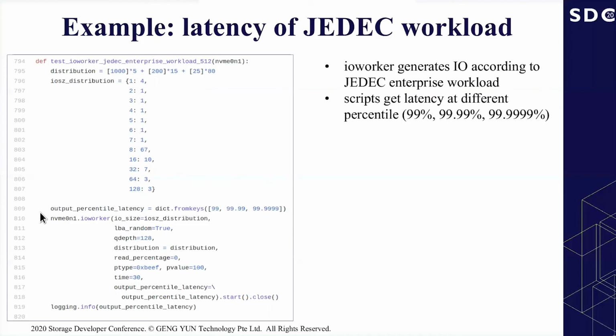We also define an output parameter for percentile latency statistic data. After the ioworker completes, we will get the worst latency at 99%, 99.99%, and 99.9999% of IO. Then we can continue to handle and illustrate this data in Python scripts.